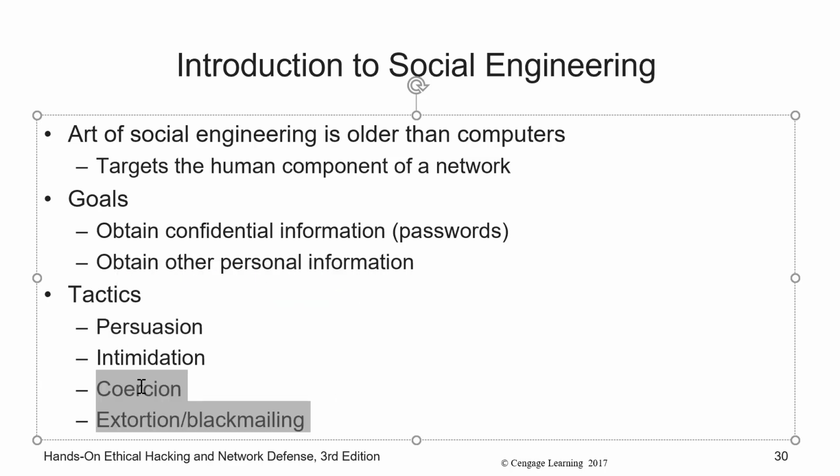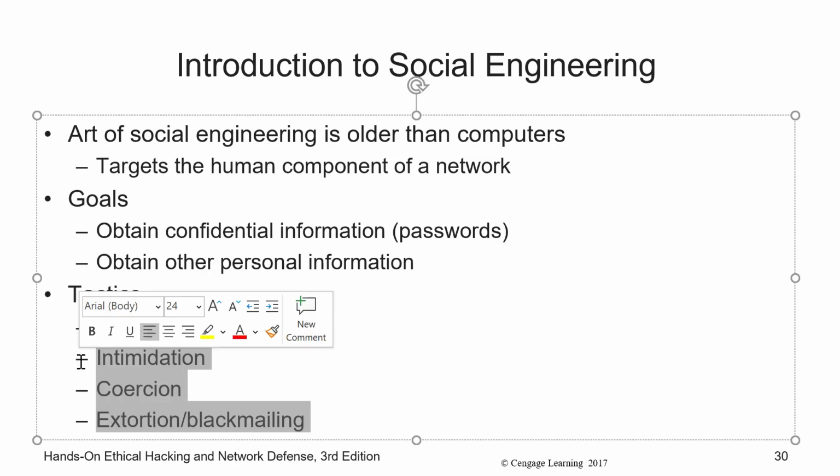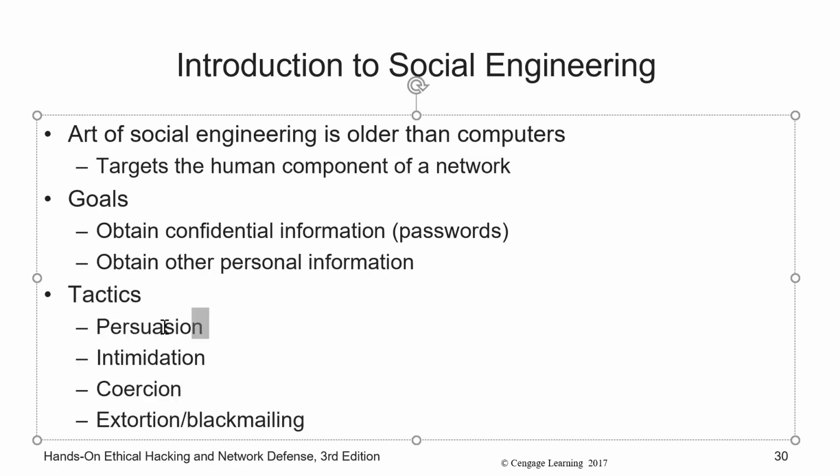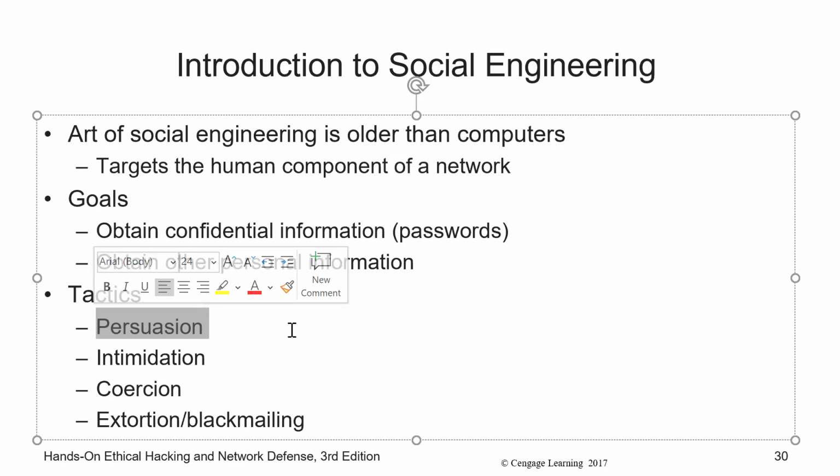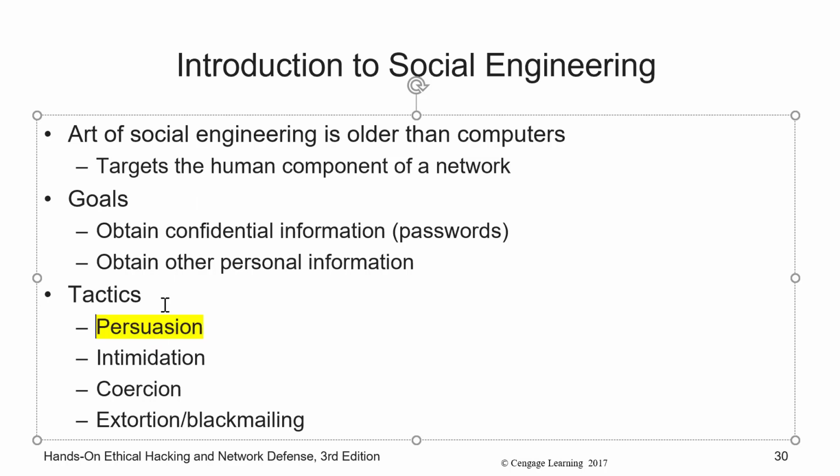If you are a bad guy, bad person, this is what you do. But if you want to leave no trace, you do this first one. I'm going to highlight that. I'm going to underline that. Let me give you an example.